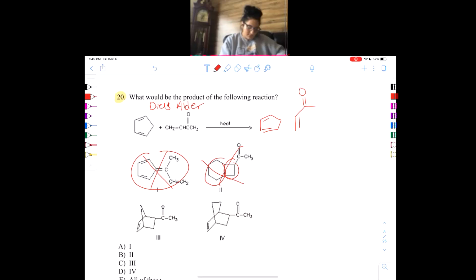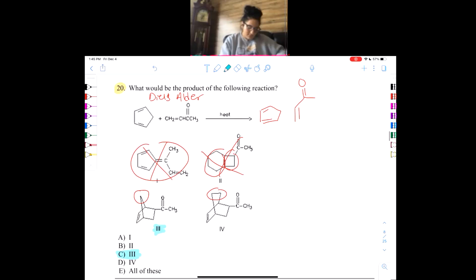All right, the next 2 look okay. We have 1 versus 2 in the bridgehead. Which one are we picking as our answer? 3, exactly. Questions, comments, concerns? That's the quick way to get through Diels-Alder.